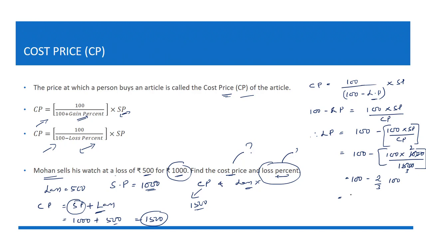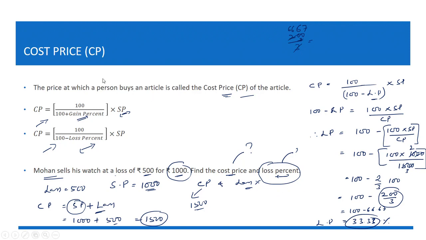Now if you simplify it, this will become 100 minus 200 by 3. 200 by 3 is 66.67, so 100 minus 66.67 is 33.33. The loss percentage is 33.33% in this problem.